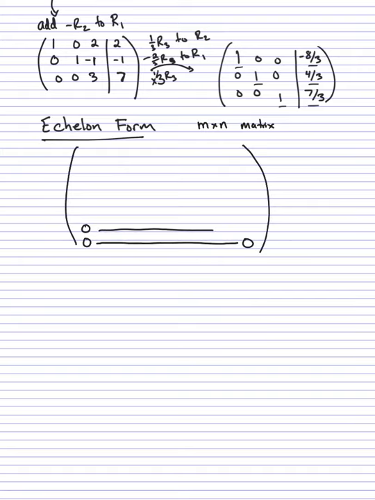You'll see some number of rows of all zeros at the bottom of your matrix. There might not be any, but if there are zero rows, they'll be at the bottom. Remember these rows with all 0 entries essentially correspond to trivial equations. In some sense, we're pushing all the trivial equations down and focusing on the non-trivial ones.